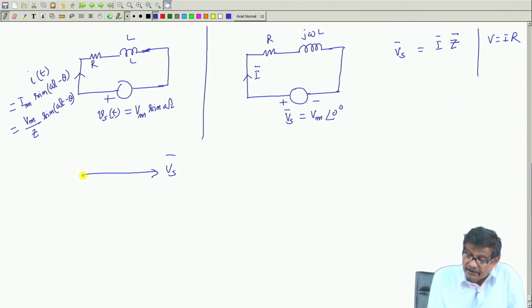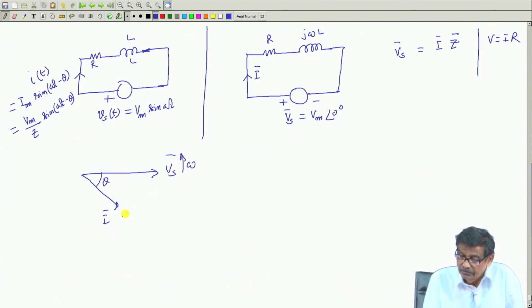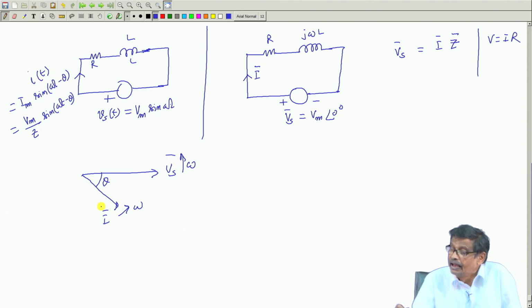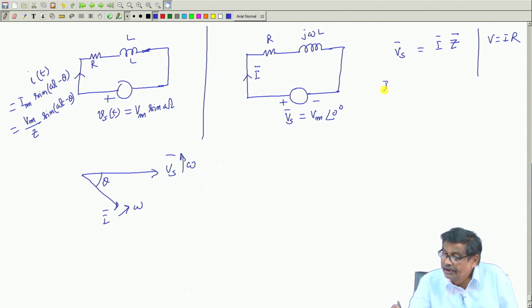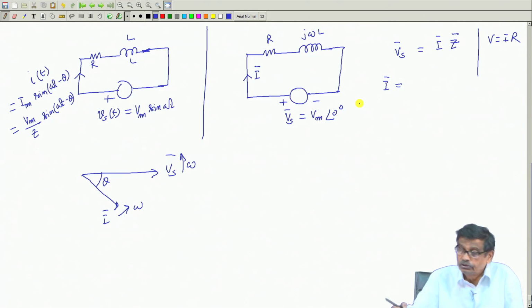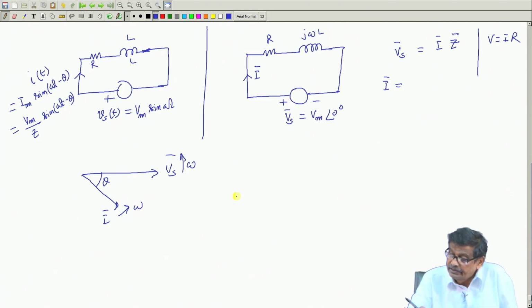Then the resultant current too will be a phasor I bar, and it will lag the supply. This is omega, this is also omega, moving. So, the current will lag by this angle, and if you know the supply voltage, then our problem is to find the current.